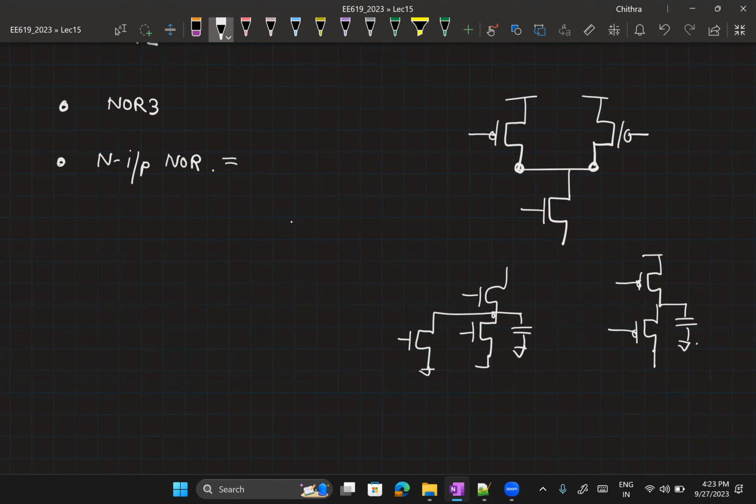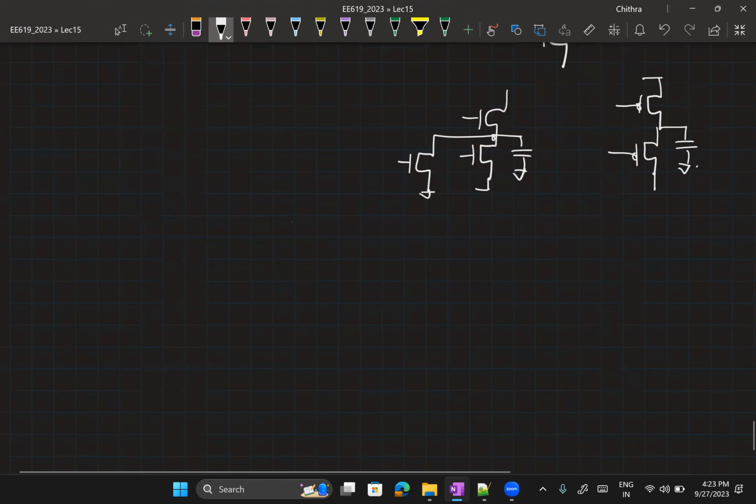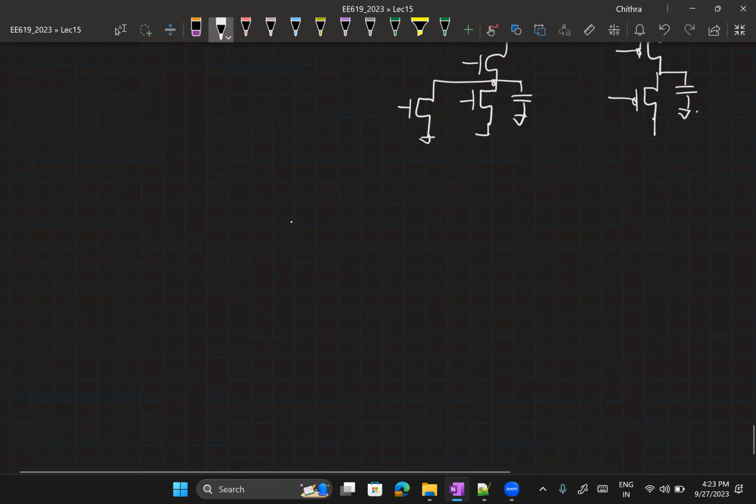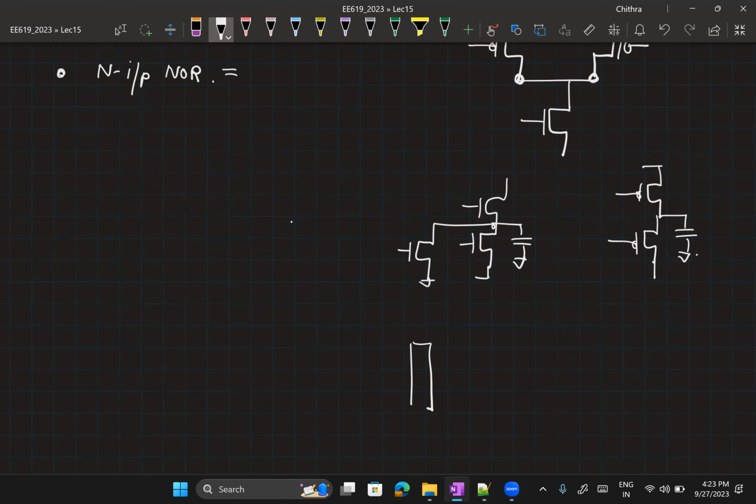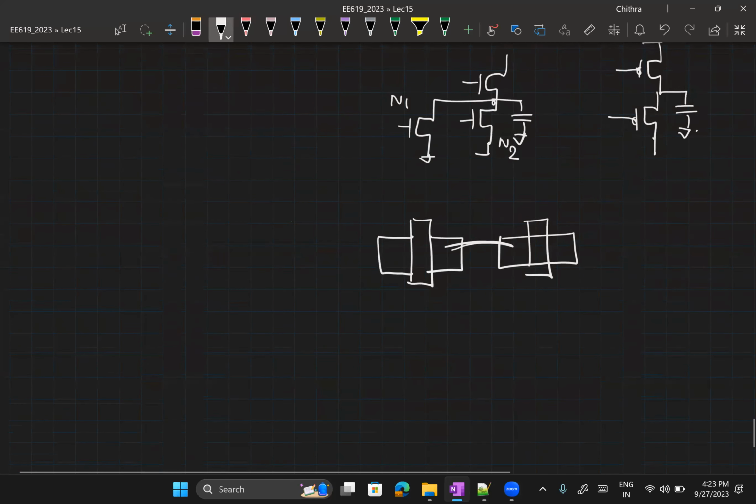So even if you have three, you have to think about it in terms of layout, right? So let's say this is one NMOS. Let's say this is your second NMOS, N2. And even if you decide to share the diffusion between these two, make them overlap.